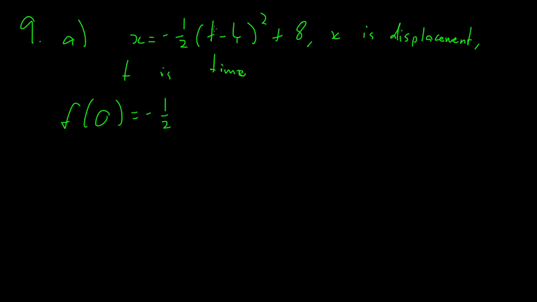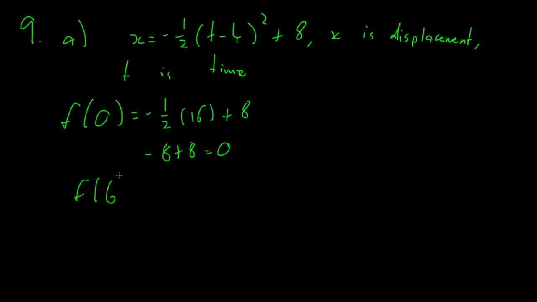And this t is equal to 0 because seconds is at 0, which means 16 plus 8, which, I mean, it's pretty convenient, but minus a half times 16 is minus 8 plus 8, which of course equals 0.